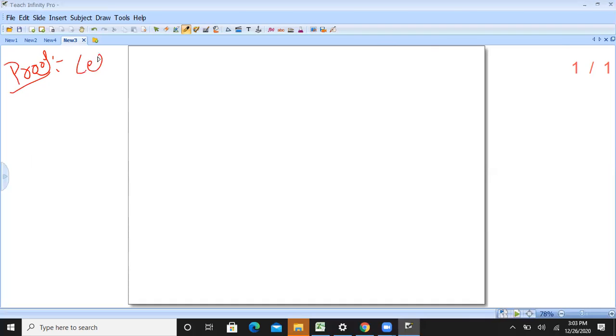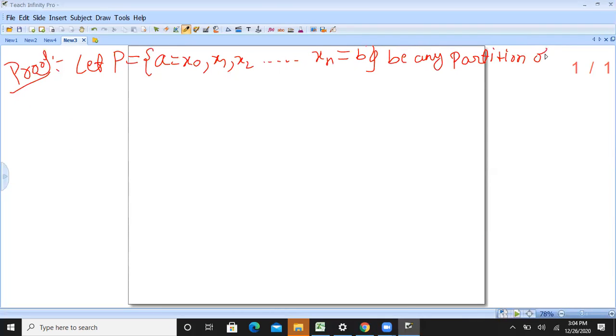So let P be a partition of the closed interval [a, b]: a = x0, x1, x2, till xn = b, be any partition of [a, b].